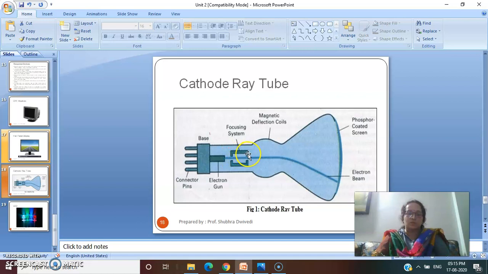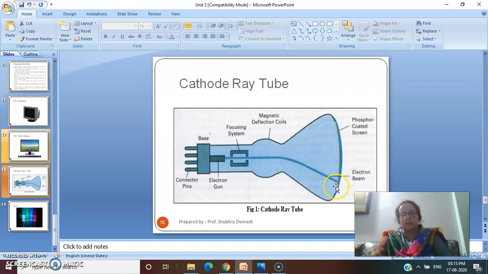It will give a particular direction to the electrons, helping them move in a particular row and hit this phosphorus coated screen.